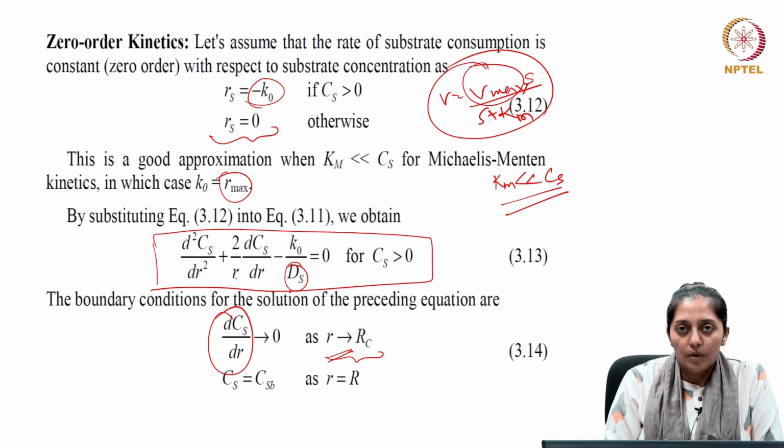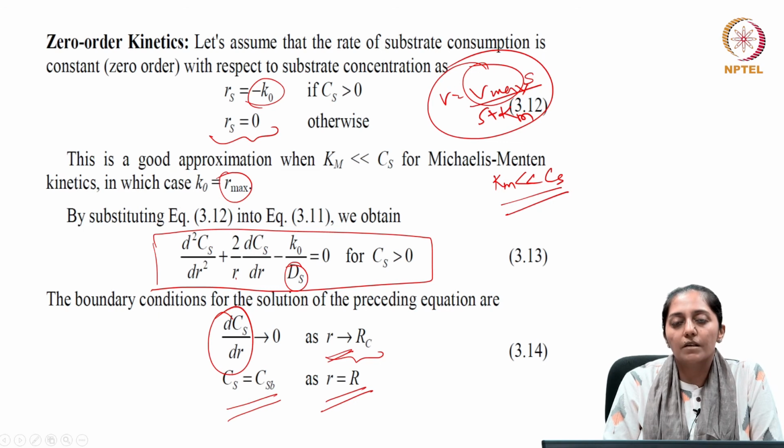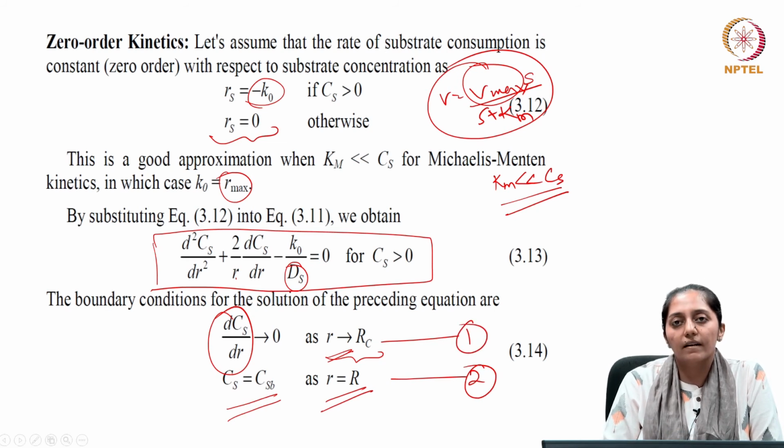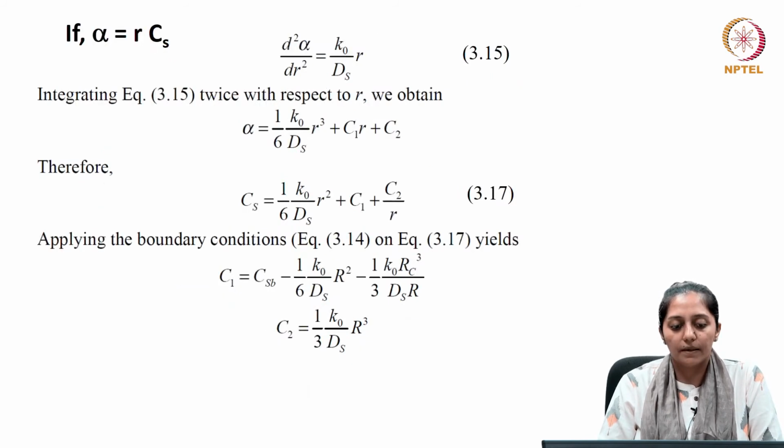Now, at the surface where R is equal to capital R, your substrate concentration is equal to the bulk substrate concentration because there are no external mass transfer resistances. So this forms your boundary condition 2. The first one was dCs by dR tending to 0 at R equal to Rc, and Cs becoming equal to Csp at R equal to capital R, which is the radius of the pellet.